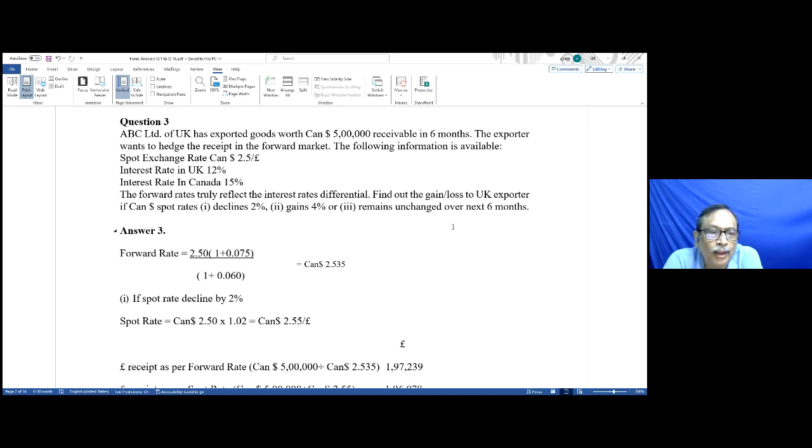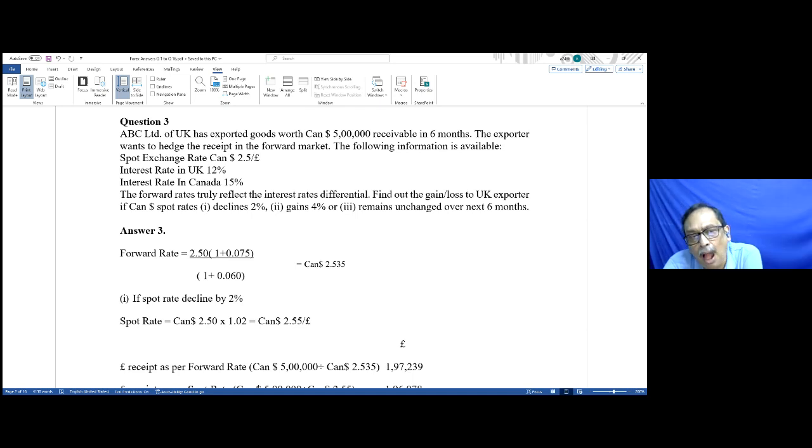That is, if we are going to have 15%, and this 15% is for 12 months, then for 6 months it will be 7.5%, which is equivalent to 0.075.